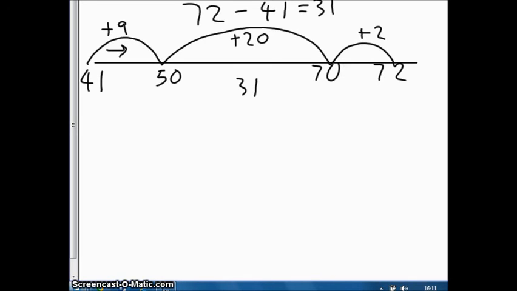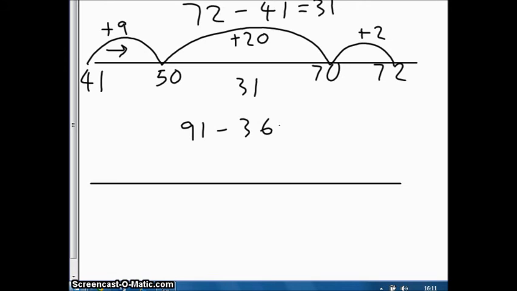And the other way, as another question to do here for your adding number line, when it would involve regrouping, could be 91 take away 36. So I start again at 36. And I think to myself, what's the next 10 more than 36 is 40.